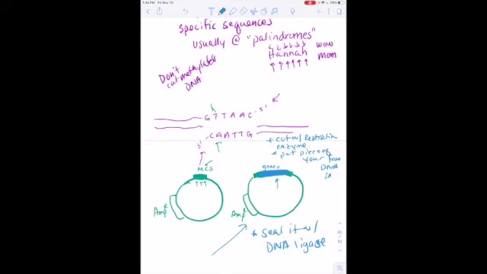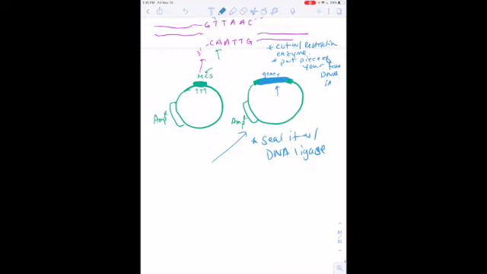Restriction enzymes are also used for DNA fingerprinting. So used in lab science, and they are used in forensics, DNA fingerprinting.